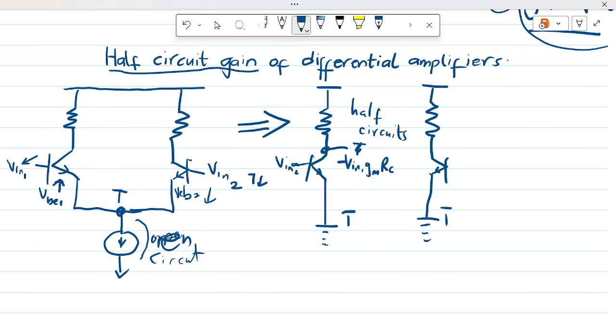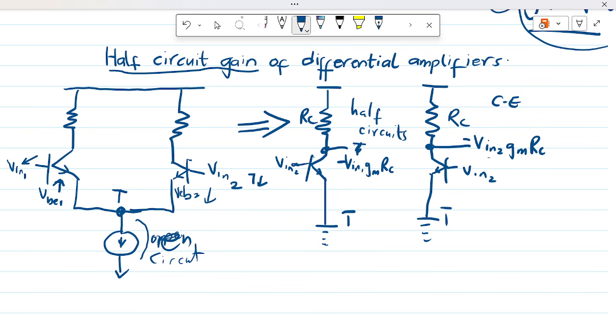So negative. Similarly, a change in Vin2, let's say the small change voltage applied is Vin2, then the output is expected to be negative Vin2 times gm RC, where this is RC and this is also RC. So we are used to this from the single stage common emitter amplifier.